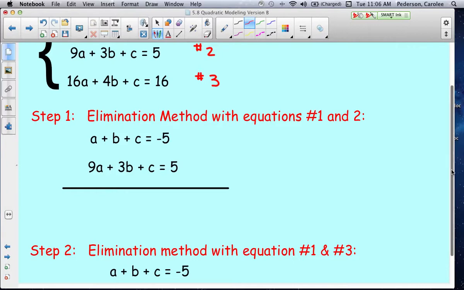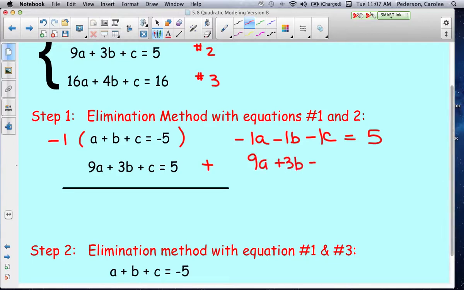So I'll just change this one by multiplying it by -1. So I have -1a, -1b, -1c equals now a +5. I'm going to add it to 9a plus 3b plus c equals 5.